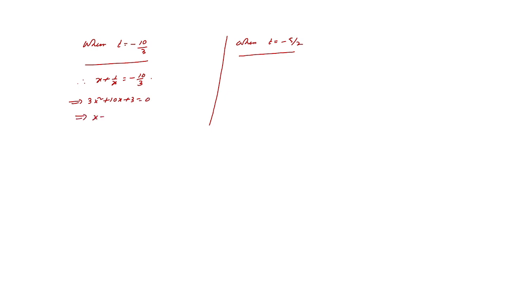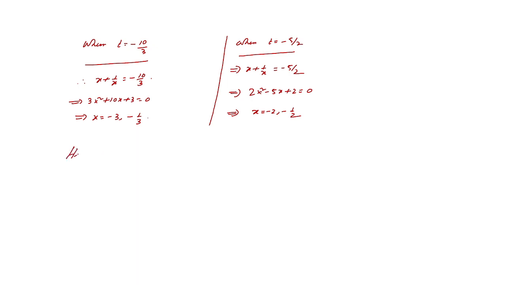And you will solve it, you will get x equals to minus 3, minus 1/3. And when t equals to minus 5 by 2, that implies x plus 1 by x equals to minus 5 by 2. So that means 2x square plus 5x plus 2 equals to 0. And that implies x equals to minus 2, minus half.